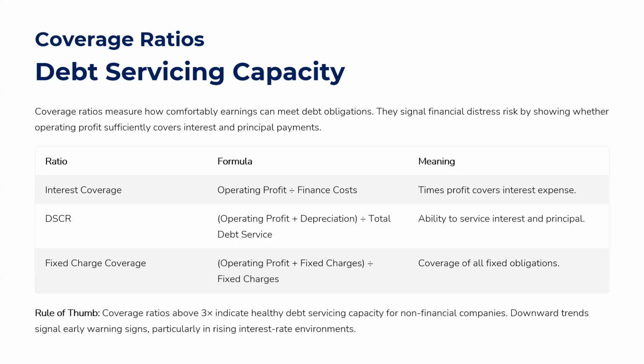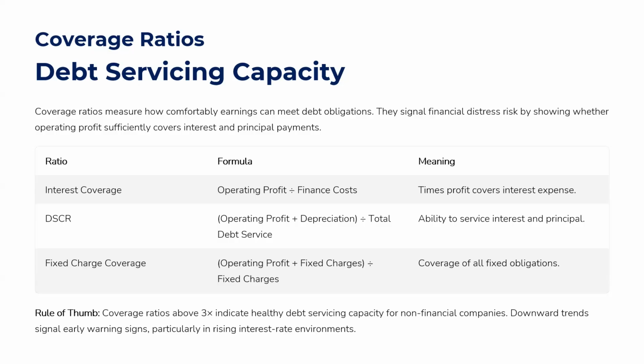These coverage ratios signal the financial distress risk by showing whether operating profit sufficiently covers the interest and also the principal payment. Operating profit is your profit before interest and tax, and you are comparing the profits with the interest.